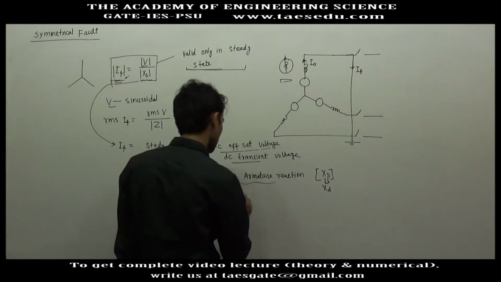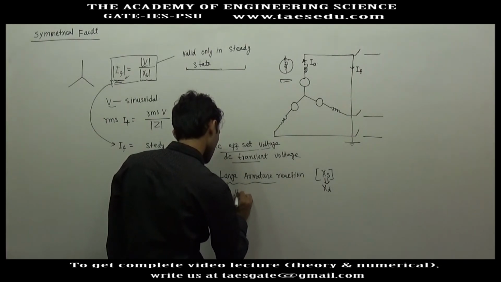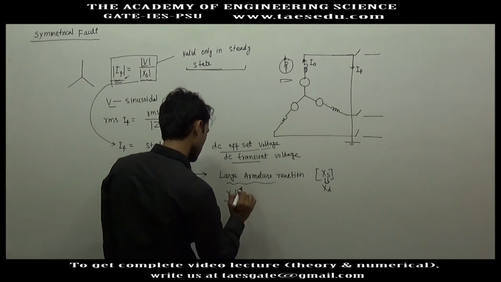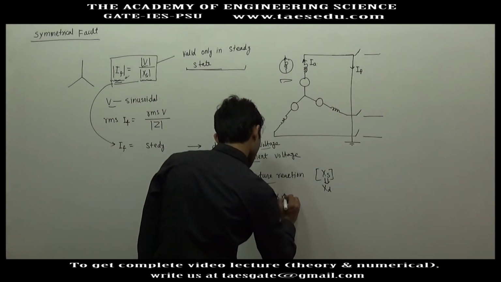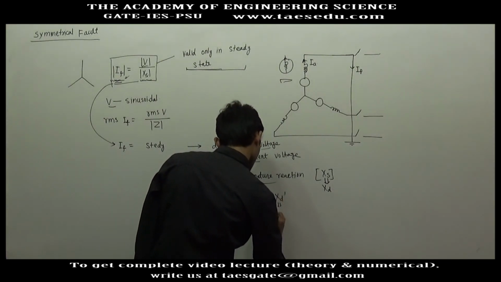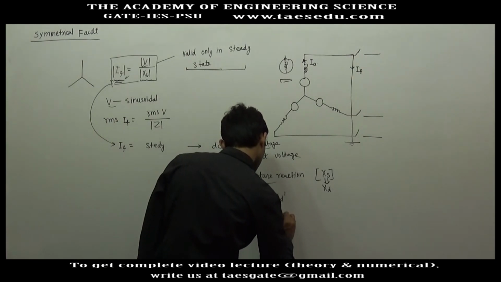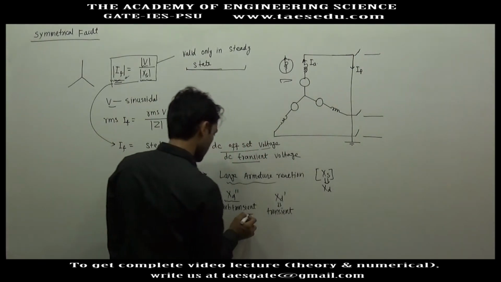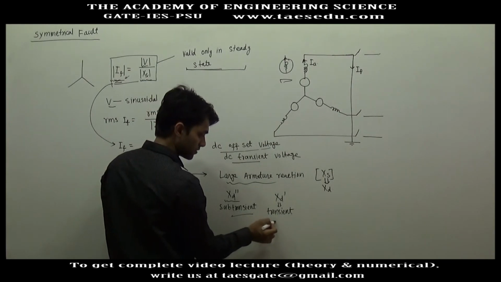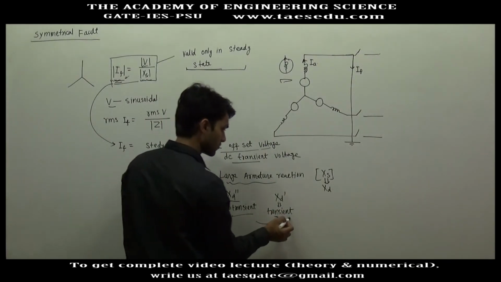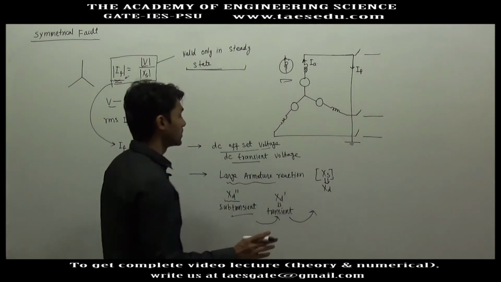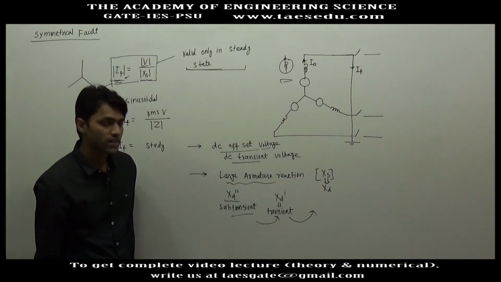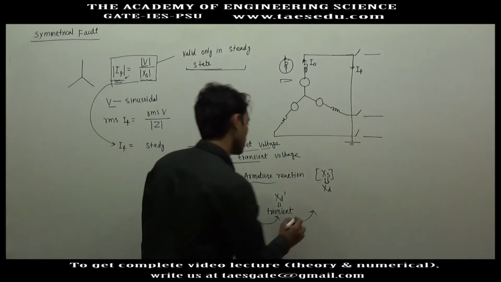Okay, this will have three values. This will be called direct axis reactance in subtransient, and there will be one reactance called in transient. When subtransient is over, then comes transient, and after transient, the total reactance offered by the generator will be XS.